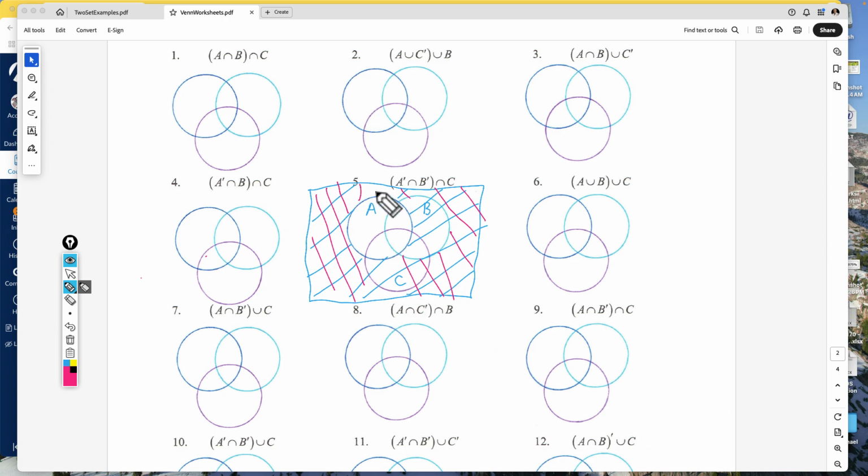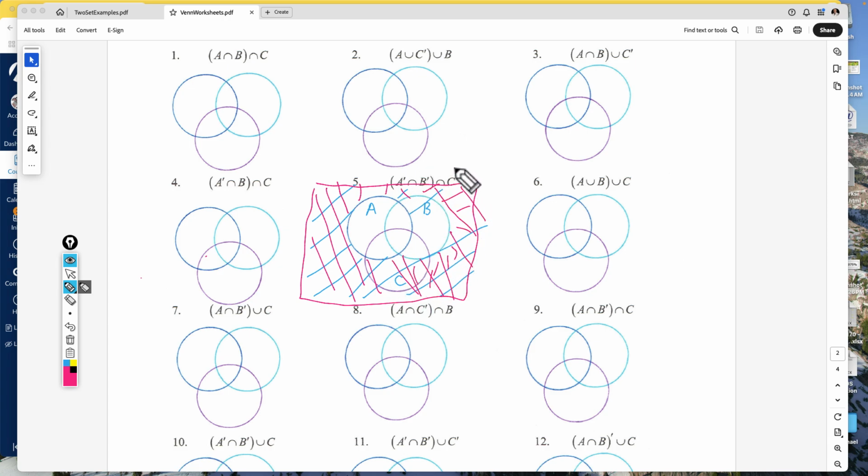So I took out this part, so it would just be this stuff that's not in A. And of course you'd erase the stuff that's in B. Still have this thing out here. So it's everything outside. So everything that's not in there.